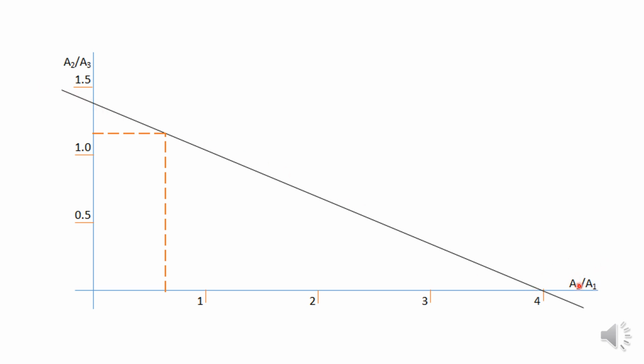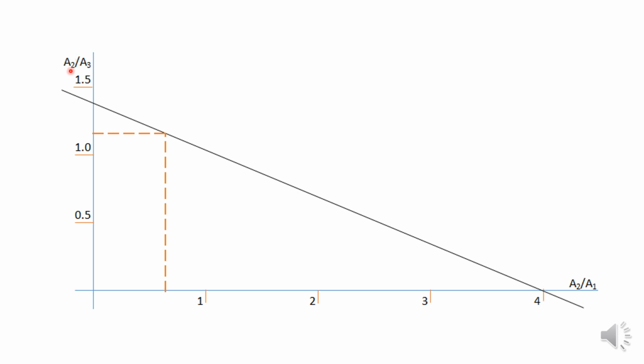a2 over a1 is the ratio of the areas of cross-section on the two sides of the rectangle. You want a2 and a1 to be fairly close to each other. In other words, you want a ratio close to 1. For a2 over a3, remember a3 is on the diagonal.